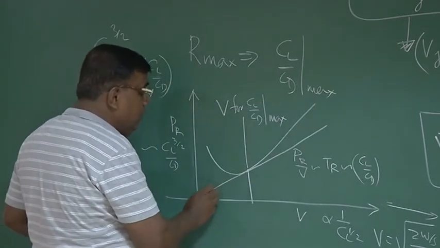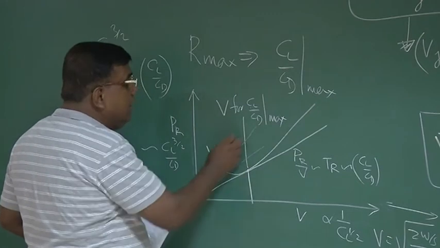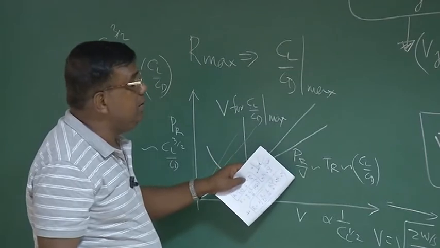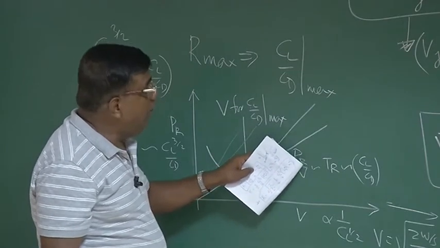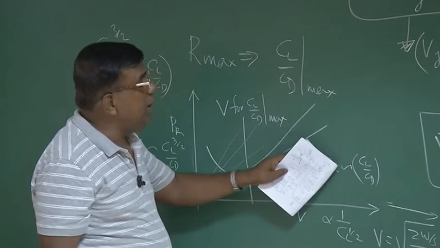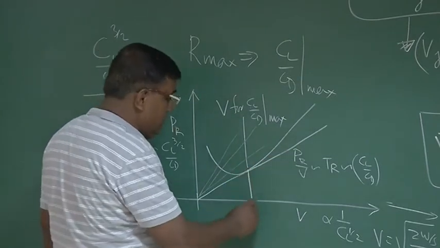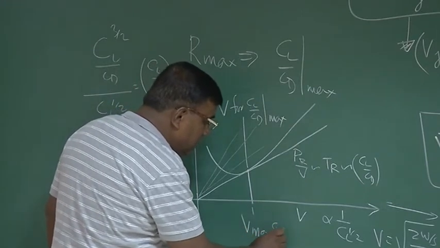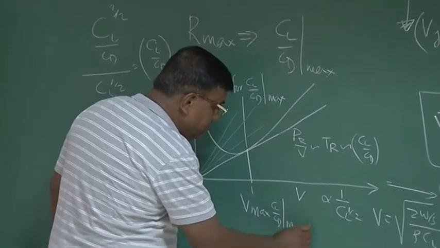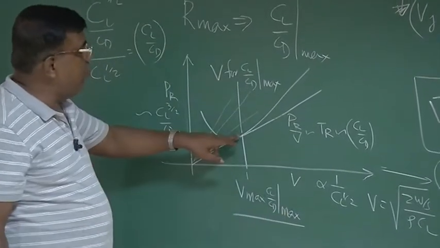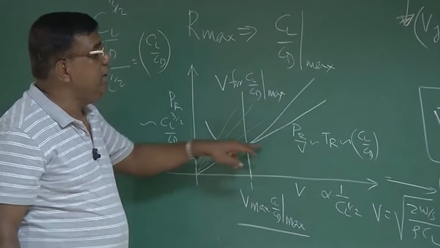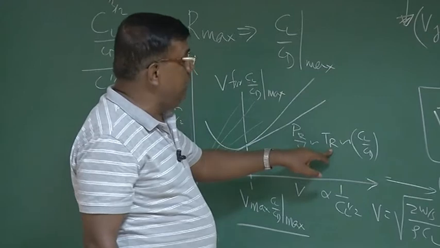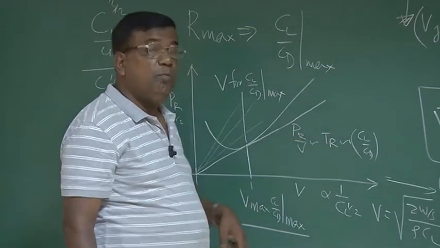Any other line if you draw, we have seen that the slope will increase. So this is the velocity at which PR by V is minimum, or thrust required is minimum, which implies CL by CD is maximum. So this is the V for CL by CD max. Right? I repeat, this is the point where this slope PR by V is minimum, that is thrust required minimum, and that thrust required minimum means you have to fly at CL by CD maximum.